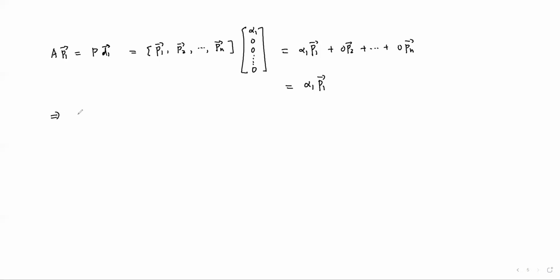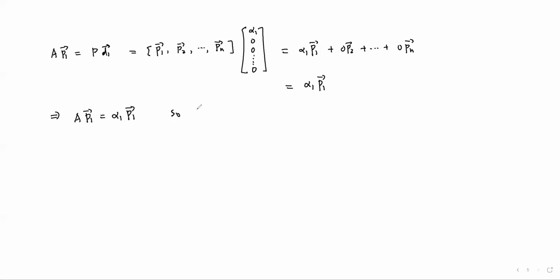So we have A times P1 is equal to alpha 1 times P1. Whenever this equation is true, the scalar is an eigenvalue and the vector is an eigenvector.